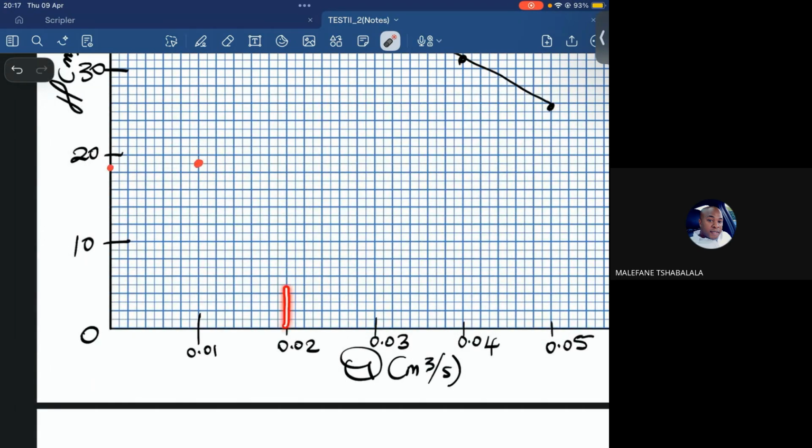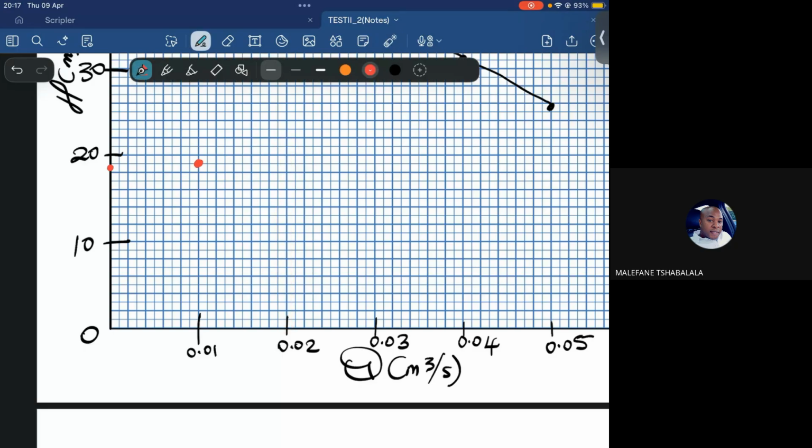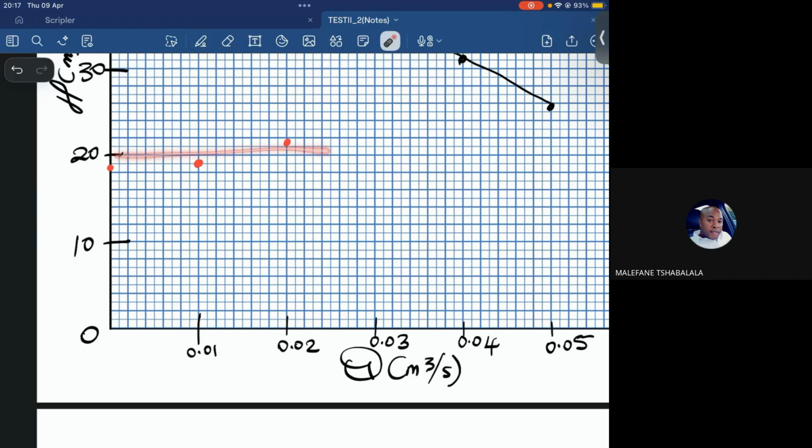Then 0.02 and 21.5. 21.5 is here. So this is 20, and then 21, and 21.5, then 22.